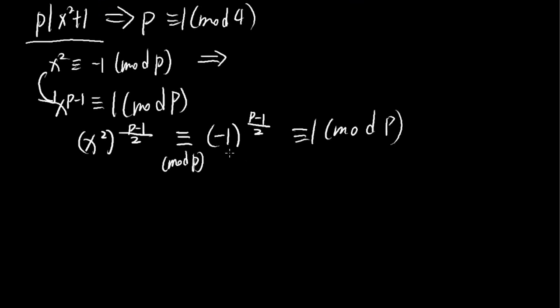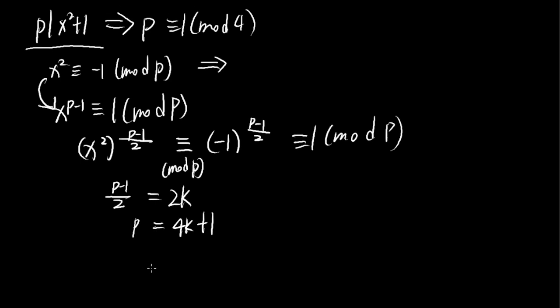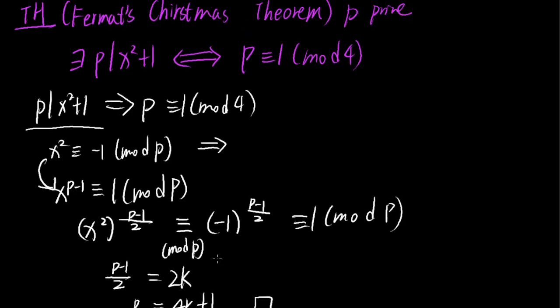If minus 1 to the power of (p minus 1) over 2 is congruent to positive 1, it means that p minus 1 divided by 2 should be an even number, or we write this as 2k. Then we directly show that p is equal to 4k plus 1 with some algebra manipulation, and we finish our proof on this side.